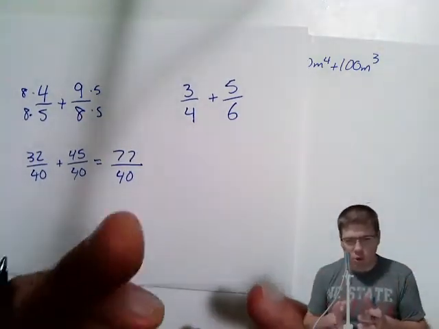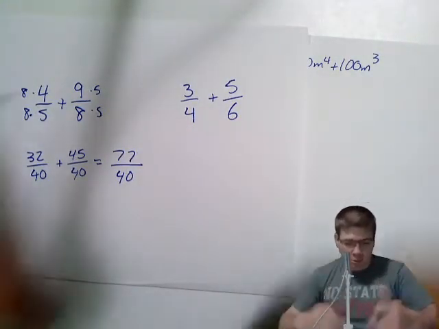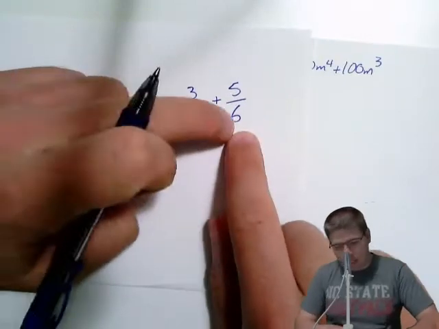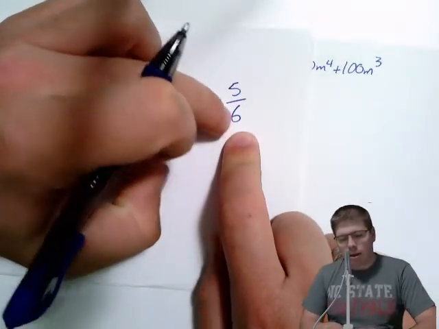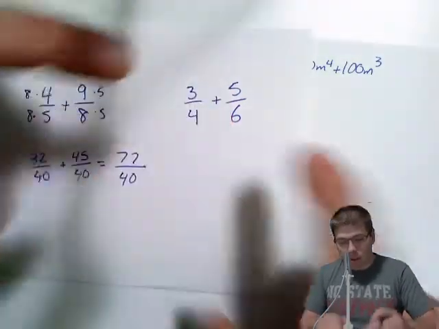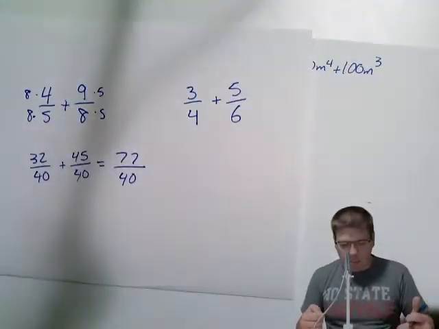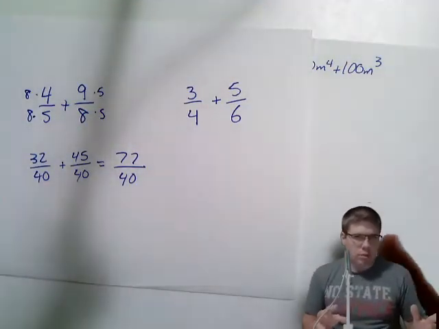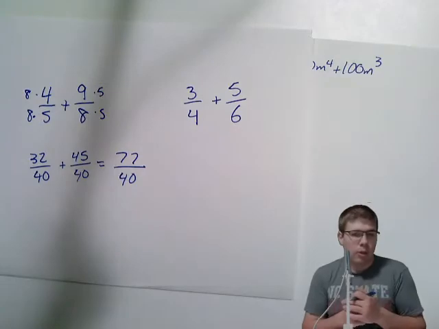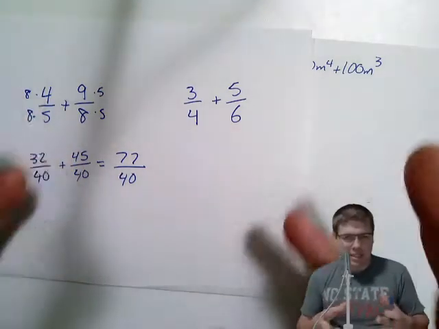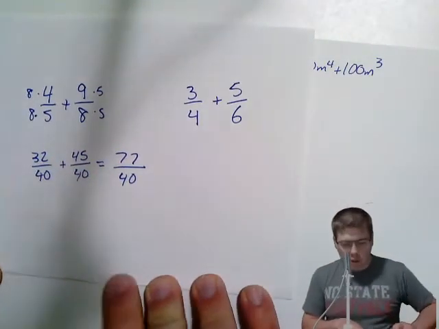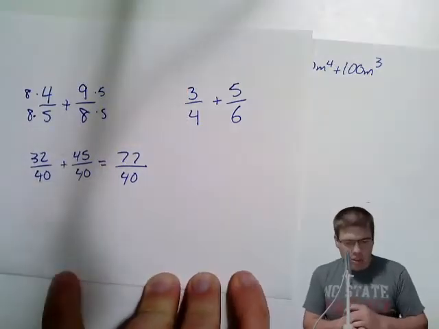I could just multiply those, and that's a multiple of both of those. I can multiply this one by 6, and I can multiply that one by 4, multiplying the top and bottom by that. But we can do it smaller than that, right? In this case, our number that we can actually do those both to is 12. 12 is the least common multiple of those two numbers. And so you might just know that.